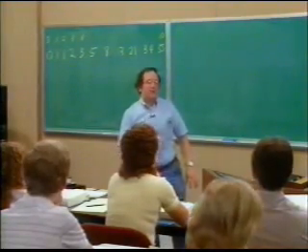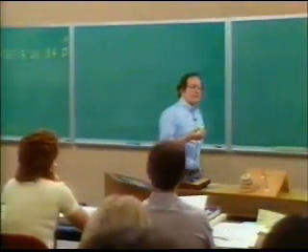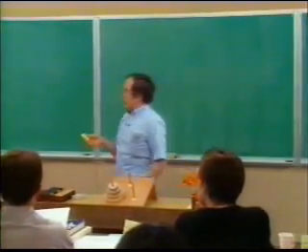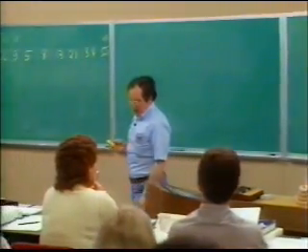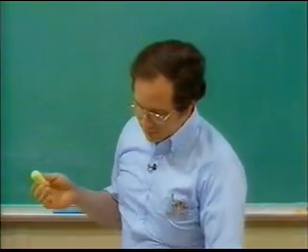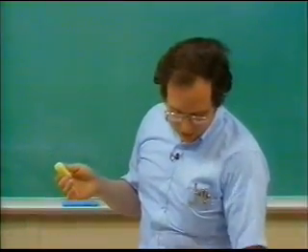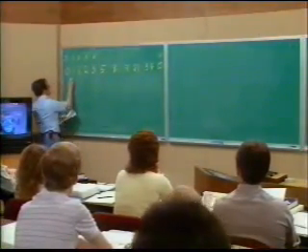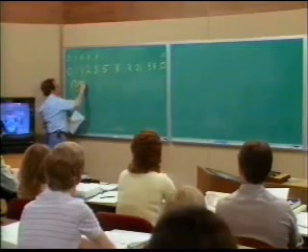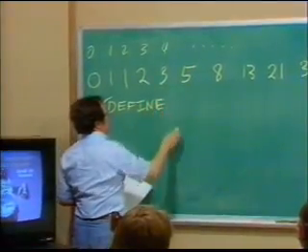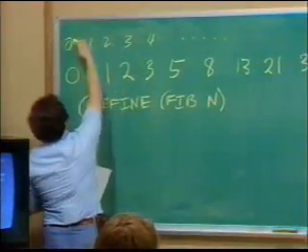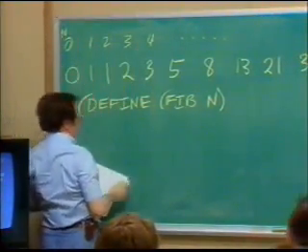Now I'm going to try to write for you the very simplest program that computes Fibonacci numbers. What I want is a program that, given an n, will produce for me Fibonacci of n. I'll write it right here. I want the Fibonacci of n, which means this is the n, and this is Fibonacci of n.